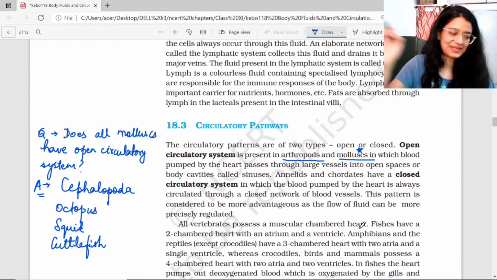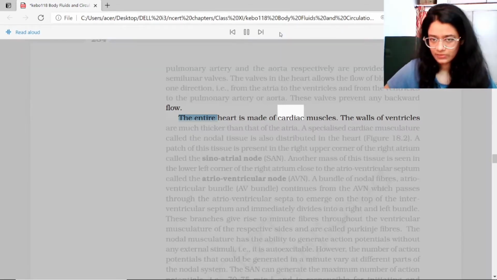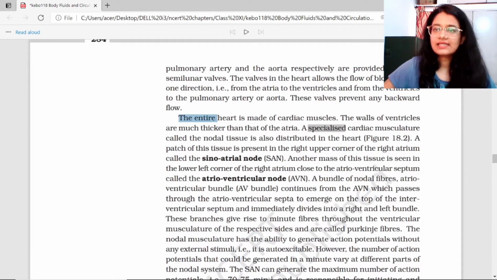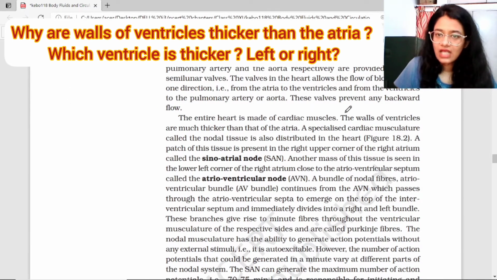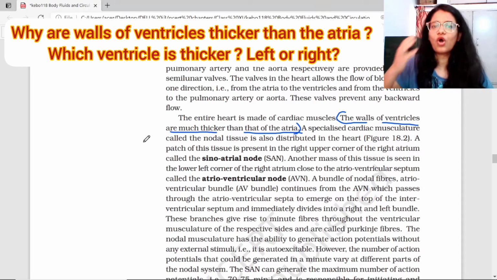Clear? Okay. Now here, let me read it aloud. The entire heart is made of cardiac muscles. The walls of ventricles are much thicker than that of the atria. Here there can be two questions formed.